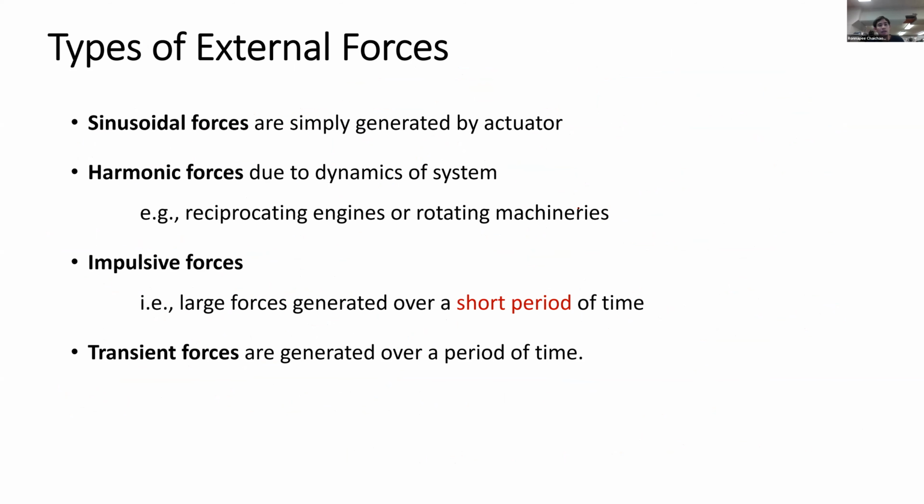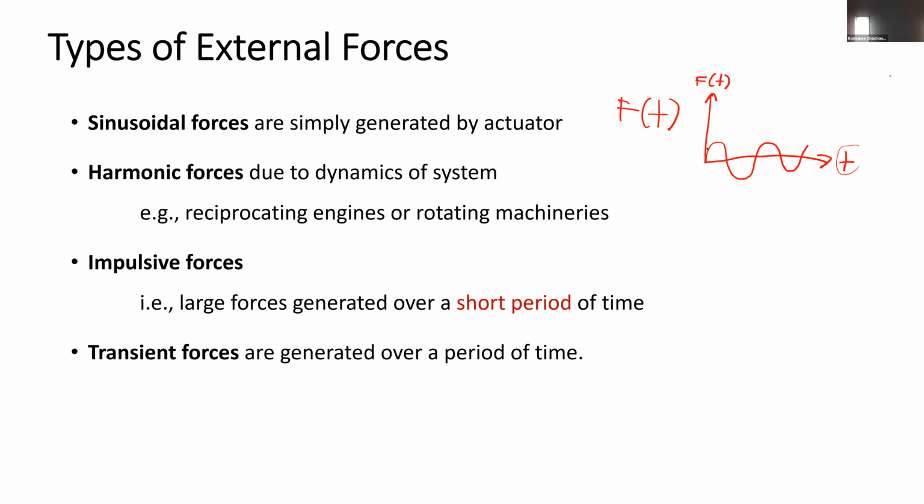And the type of external force F(t) can come in various forms. Sinusoidal force means here is the time, and here is the force function. And the force is a sine function against time.